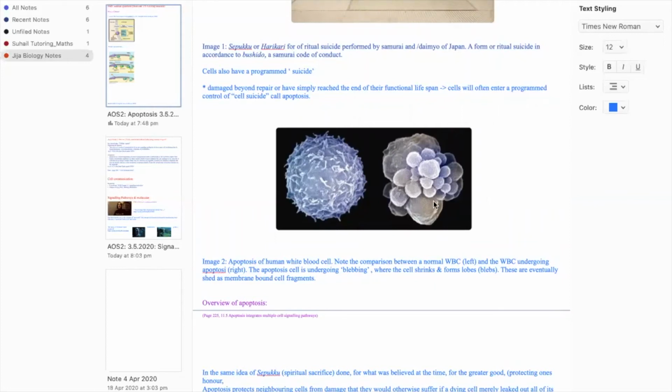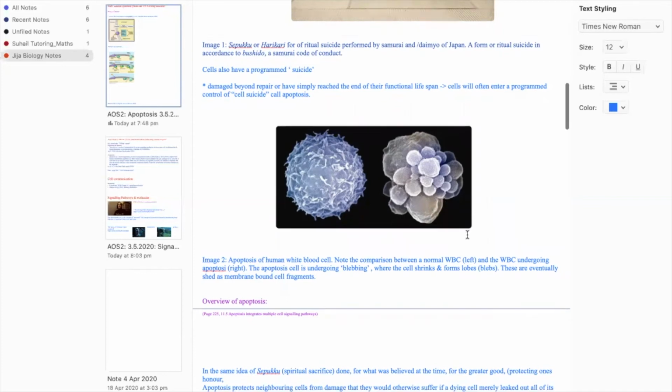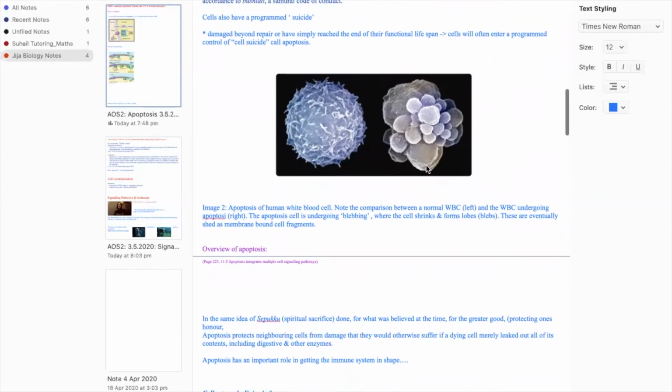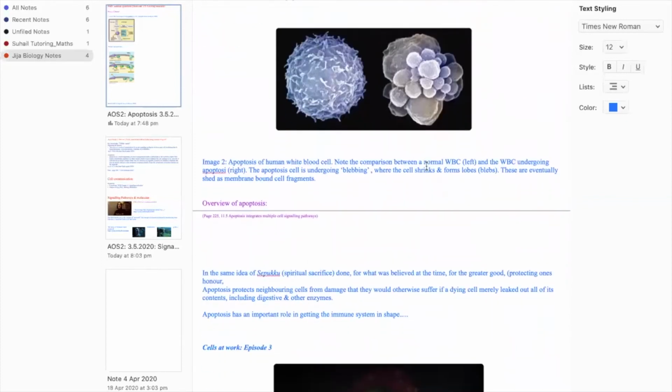These little bulbs or balls are called blebs, and they eventually shed as membrane-bound cell fragments and are then recycled by the body.